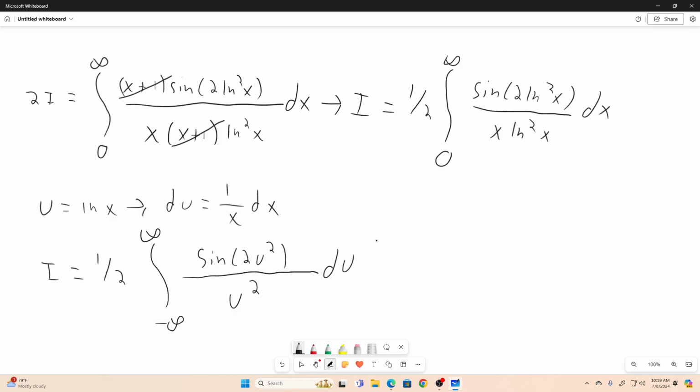All right, so now what to do? I think now is the time to reparameterize our integral.